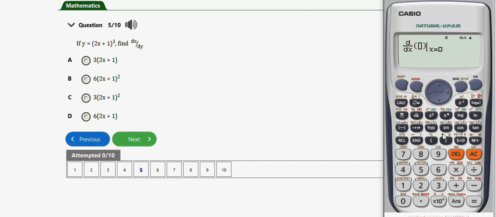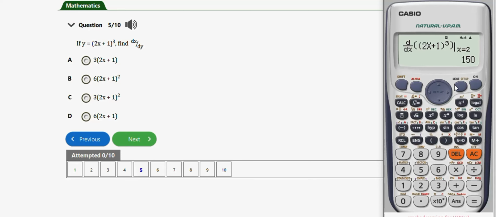So we have open bracket, 2 alpha x plus 1, close the bracket, then put the power on the exponent and balance the bracket. Very important. Okay, the bracket is already balanced. We have 2 at the left and 2 at the right, so it's balanced, guys. So come here and put the 2 you stored. So this is the function we have here as a question. Let's press equal to.